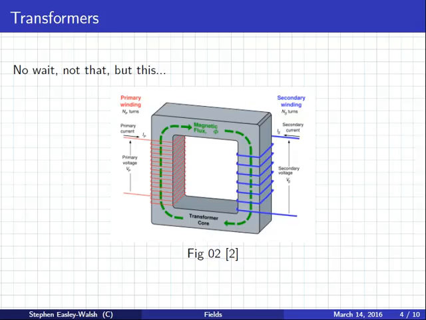Part 1 is the iron, part 2 is this wire, and part 3 is this wire. This one is called the primary, and this one is called the secondary. You don't need all the details. All I care about is this iron, this wire, and this wire.